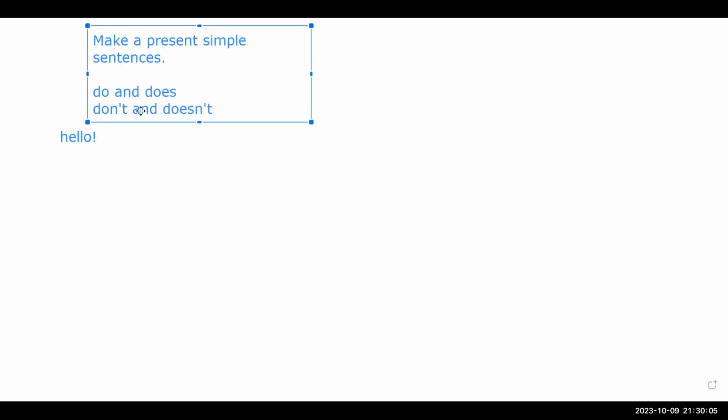And then for negative, you can use don't and doesn't. Okay? You can choose what to write first, the positive or the negative. It's up to you.